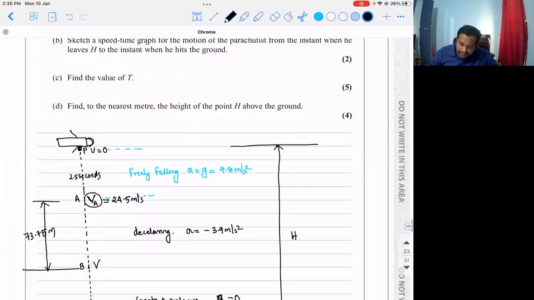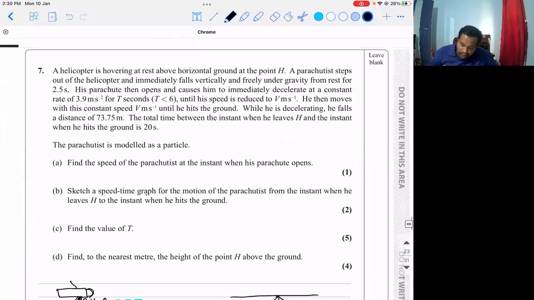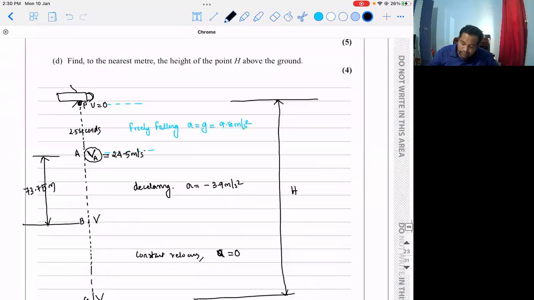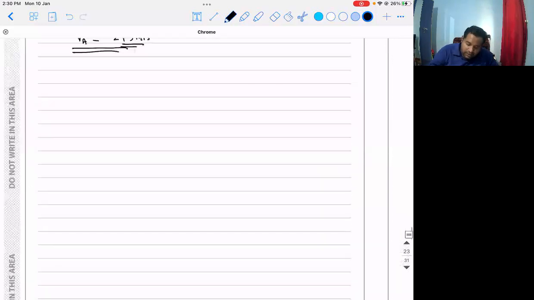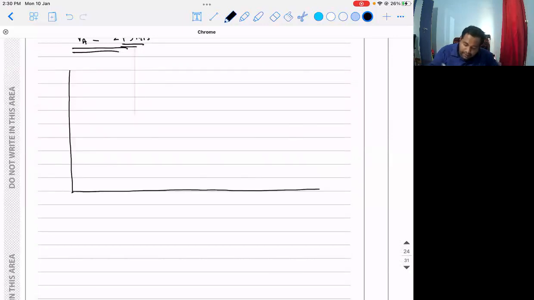Now what is our next question? Sketch the speed time graph for the motion of the parachutist from the instant when he leaves H to the instant when he hits the ground. From this schematic sketch, we can easily draw the diagram. This is speed, this is time.